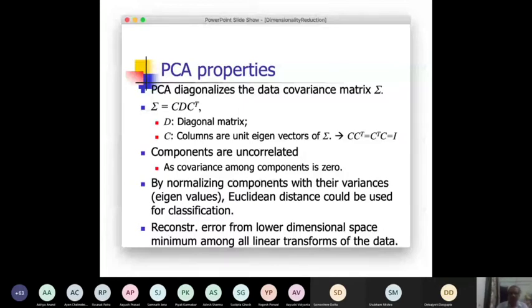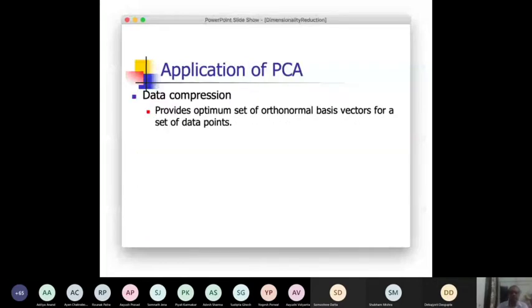Residual error means the variances that you are excluding, that means the n minus k variances that you are excluding, when you are arranging them in decreasing order. So that is one of the interesting mathematical properties.